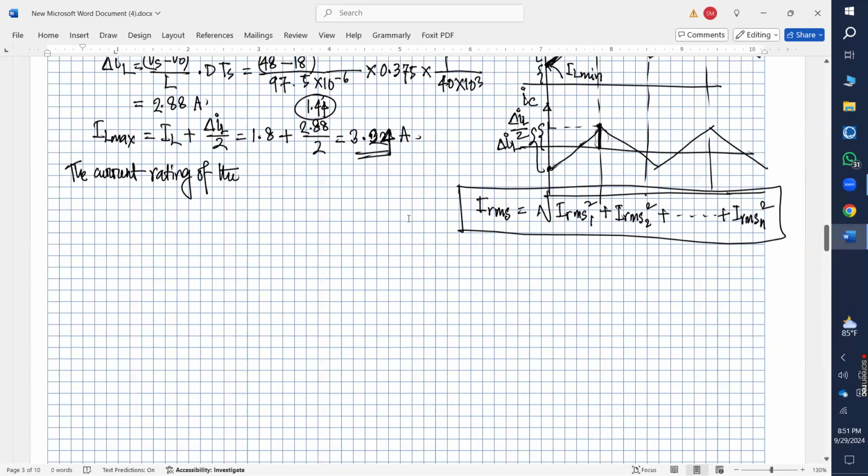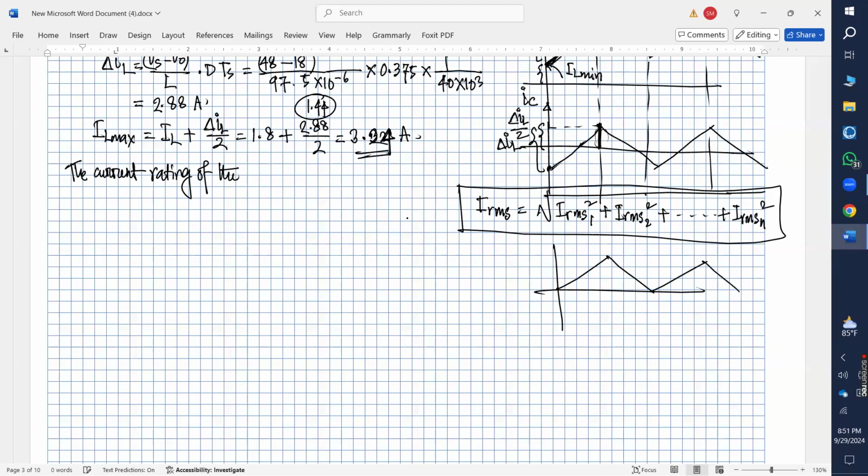Suppose you have a triangle like this, and this is your maximum current, Im. The RMS value of this triangular current should be the actual magnitude Im divided by √3. You can derive it, or if you have any problem deriving this, I can help you with that.